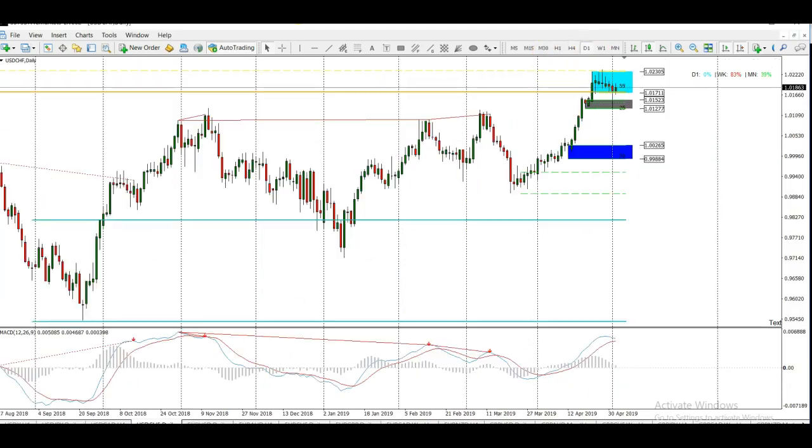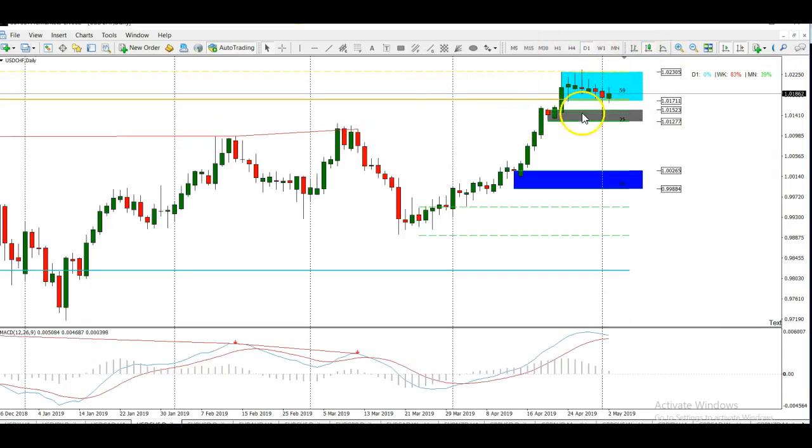Next one is USD Swiss franc. So we've had this area here on the daily that's broke the trend. This kind of rocketed down and broke the trend. You can see it pops down to test this area here that caused a high.